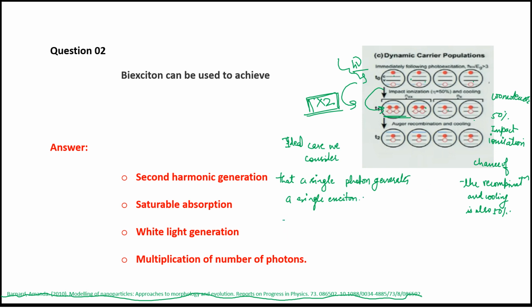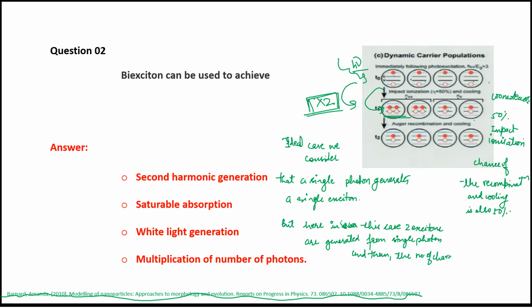Okay, but here in this case, two excitons are generated from a single photon, and thus the number of charge carriers increases.